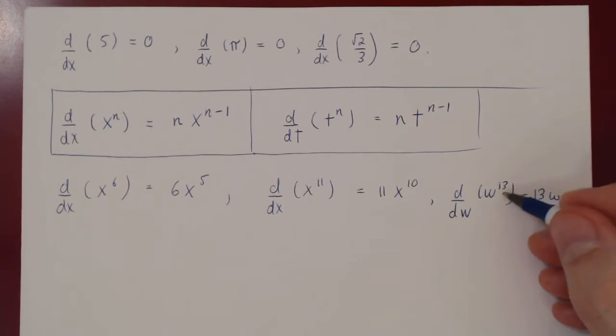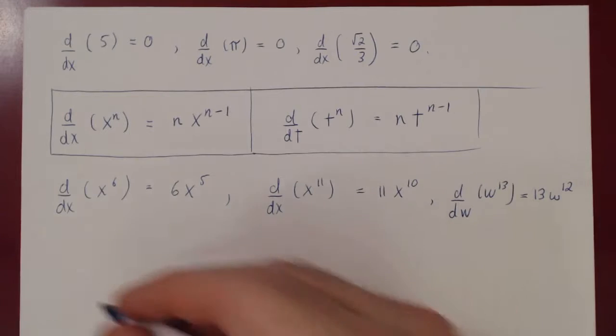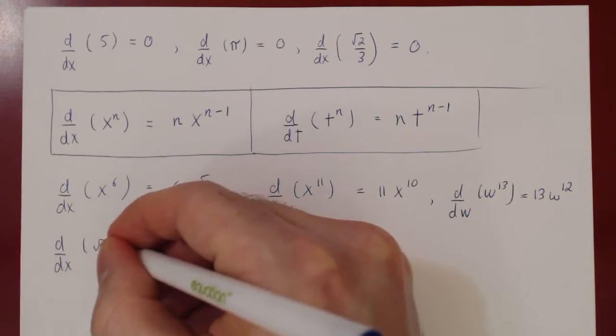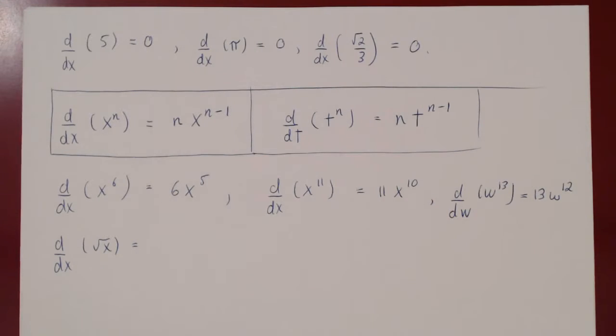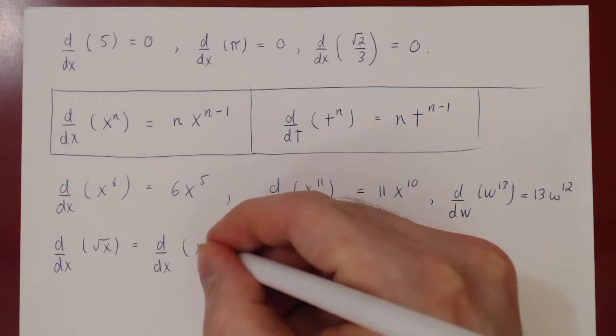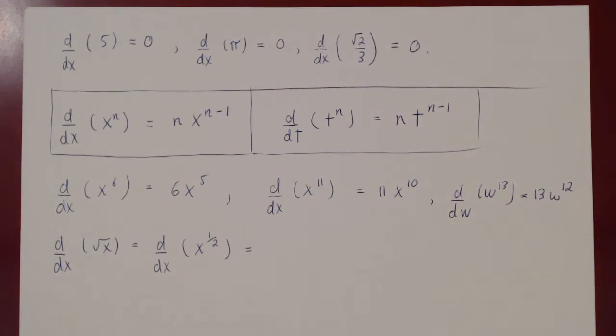W to the 13 minus 1, 12. What about square root of x? Right? So if we ask what's the derivative of root of x, all we have to do is rewrite root of x as an exponent. So root of x is x to the 1/2. And now we can apply the power rule.